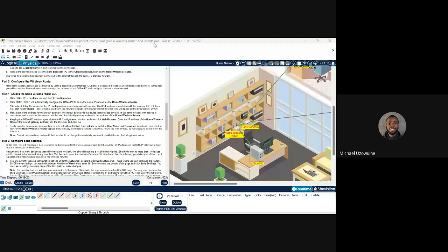Please, somebody should talk to me from there. I clicked it now and it brought up Physical, Config, Desktop, Programming. Are you seeing the menu tabs, please?